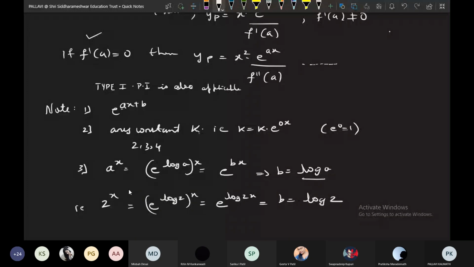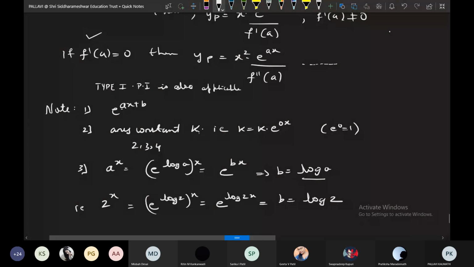Is it clear? Any doubt in this? Have you written the note 1, 2, 3? Yes, ma'am. Before the note I told you type 1 particular integral is also applicable for the following type of functions. You write this and write note 1, 2, 3.